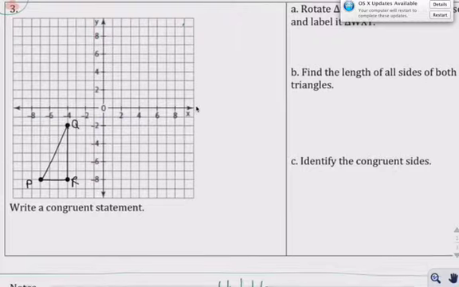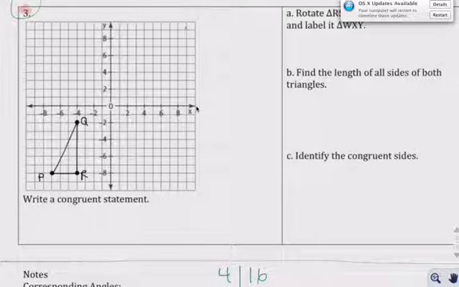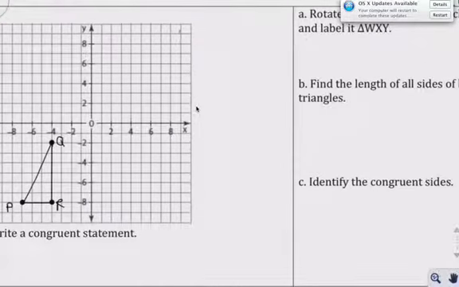This one, we want you to rotate 90 degrees counterclockwise. Okay, 90 degrees means the numbers are going to switch. Let's start with triangle R. R correlates to W. Okay, R and W, so you need to know W right there.